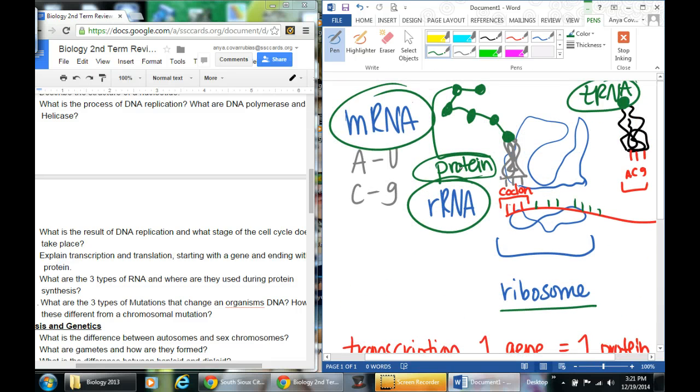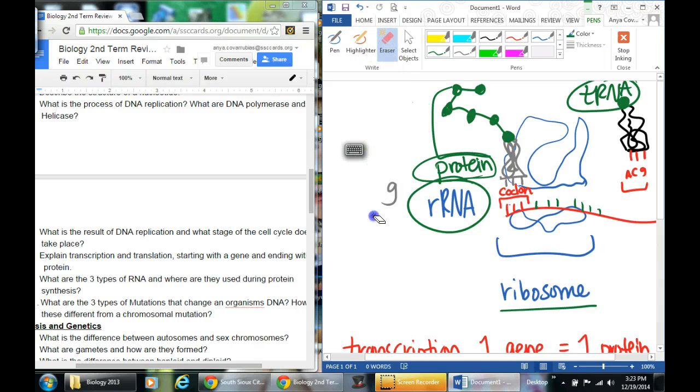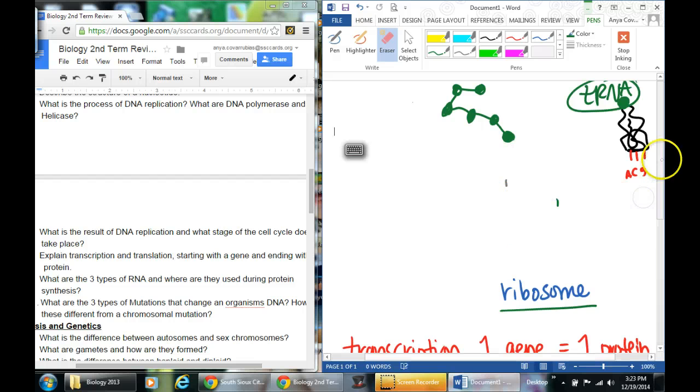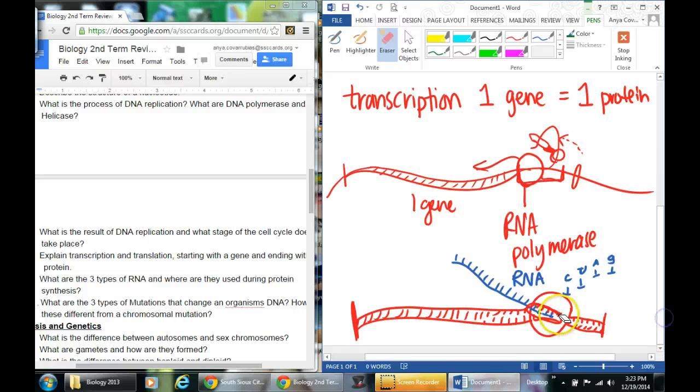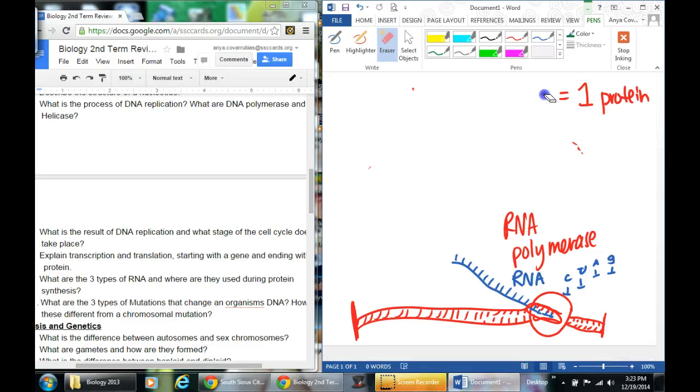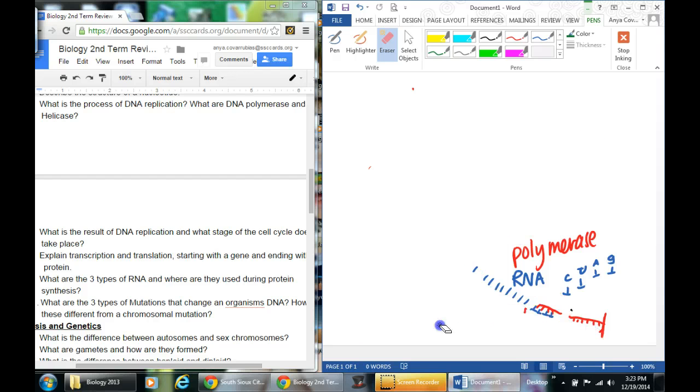Okay? Now we have some different mutations that can occur. Okay, and so there are mutations that can happen because if there's a mutation in the DNA at this point down here that then is copied into RNA that then goes to the ribosome and starts making this protein, and there's a problem with one of the nucleotides, that's going to cause major problems for whatever that protein's function.